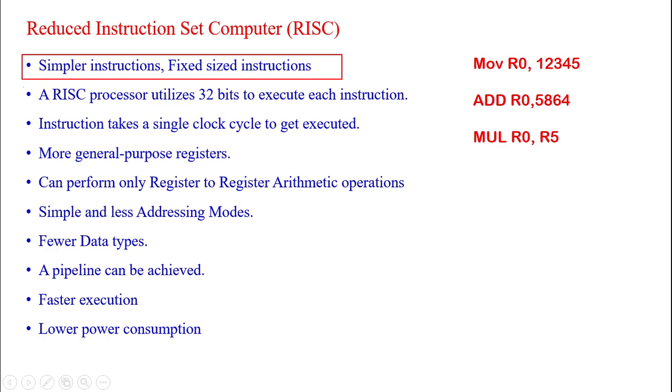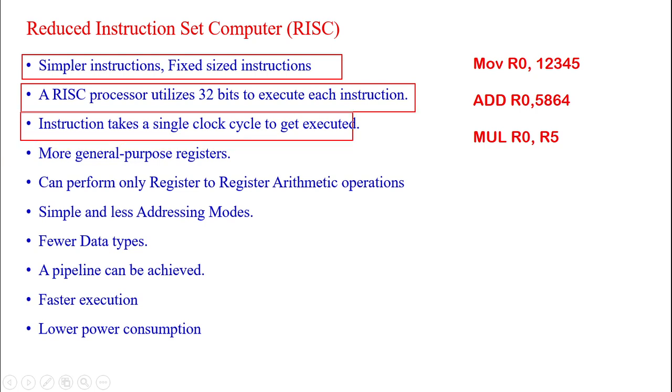Next point, if you see here, the processor usually operates in 32-bit. Now if you compare the same thing with CISC, CISC will have 16-bit, 32-bit and 64-bit, all possibilities. But in the case of RISC it is 32-bit processors, 32-bit instructions. And the third point, if you see here, the instruction will take a single cycle.